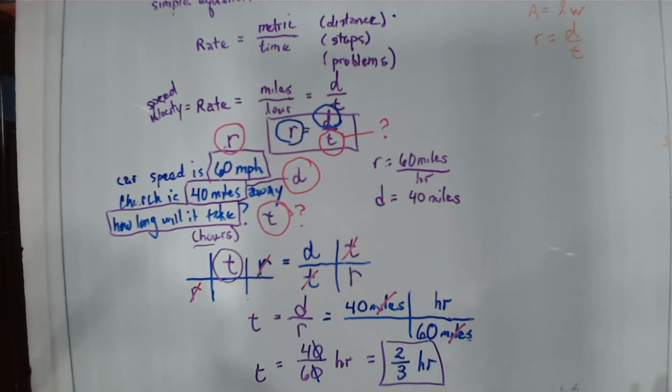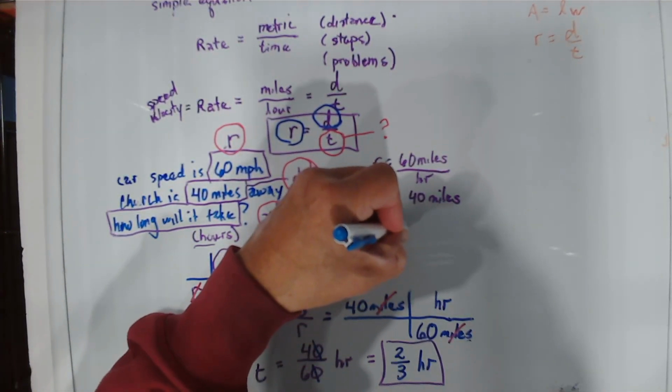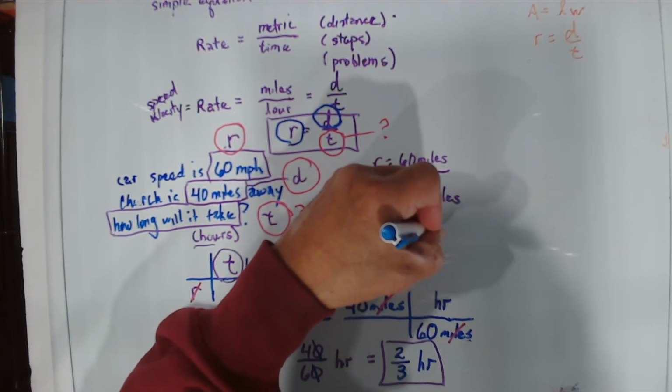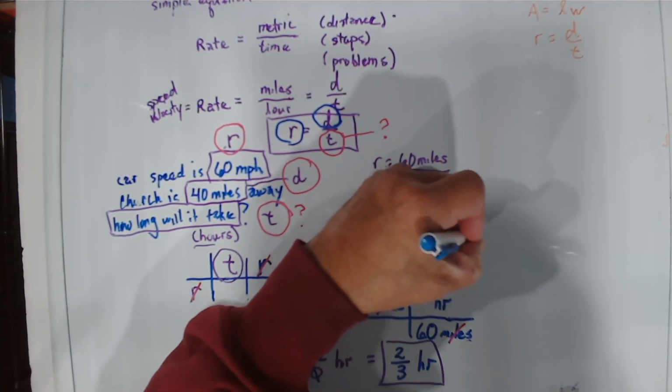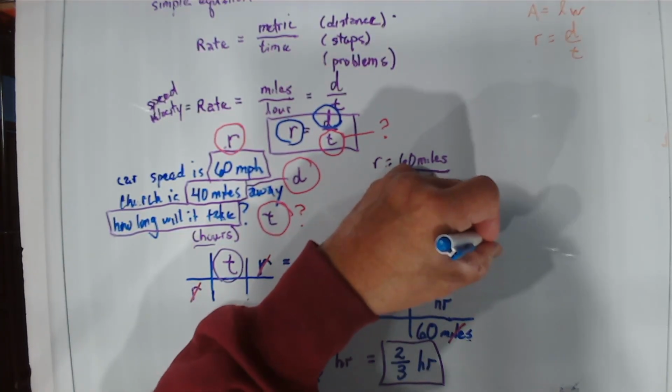And if we wanted it in minutes, we could convert it to minutes. And why don't we do that? Because converting is fun. So what do we know about hours? So what we know is 1 hour is equal to 60 minutes, right?